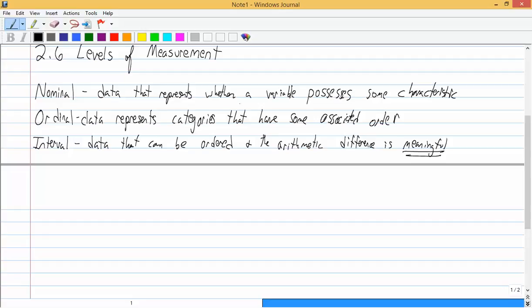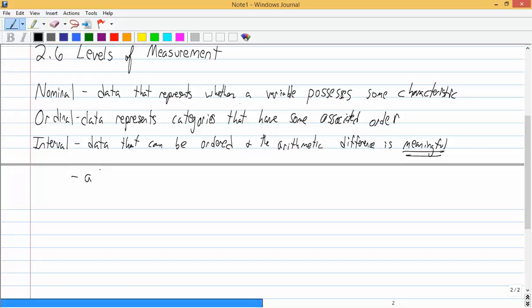Interval data also has one other interesting property. It has a property of an arbitrary zero value. In math, we use the word arbitrary sometimes. I'm sure it's used in legal documentation also.